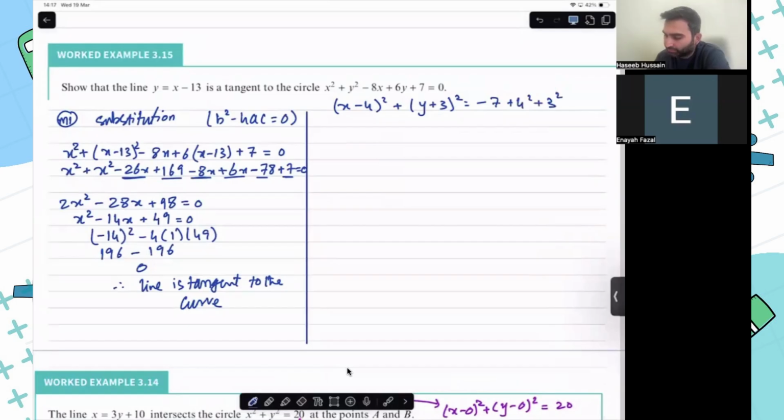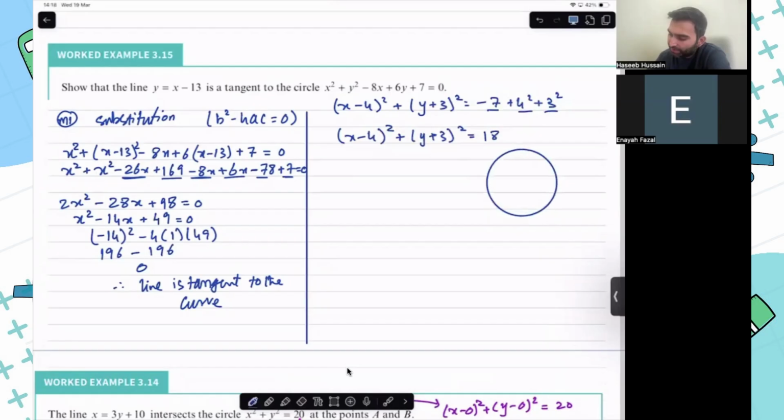I skipped a step: that is 16 plus 9 is 25 minus 7, which is 18.